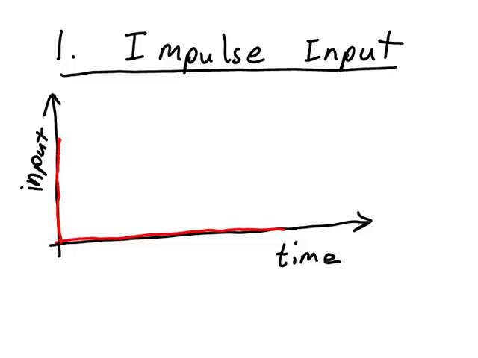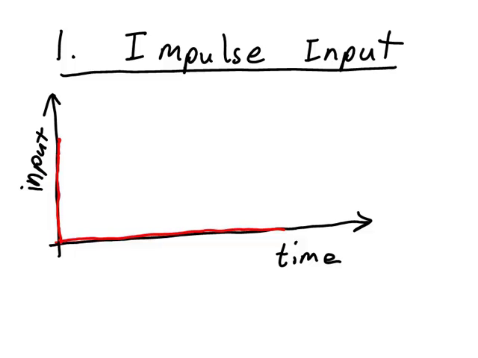But of course, in real life, we can't have a non-zero input over 0 amount of time. The input would be non-zero for some finite amount of time. In reality, an actual impulse input is some large value over some short amount of time.